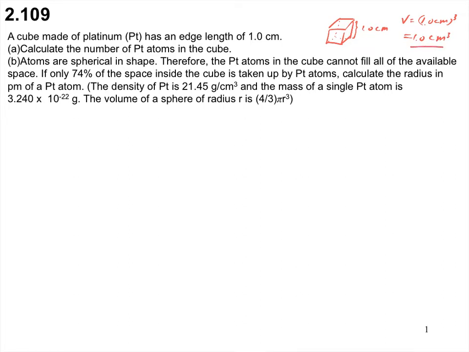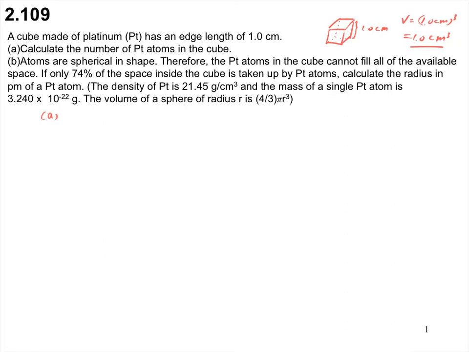So for A, we want to calculate the mass of the cube. Then, because we know the mass of a single platinum atom, we divide the total mass of the cube by the mass of a single platinum atom. We'll calculate the number of platinum atoms in this cube.